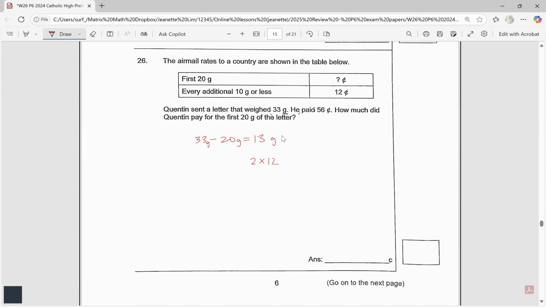So 2 times 12 cents, which is 24 cents. Since he paid a total of 56, the rest of it must be for the initial 20 grams. So for the 20 grams, the rate is 32 cents. So answer 32 cents.